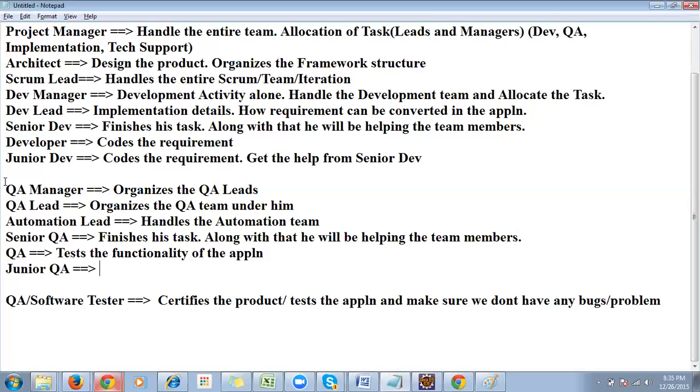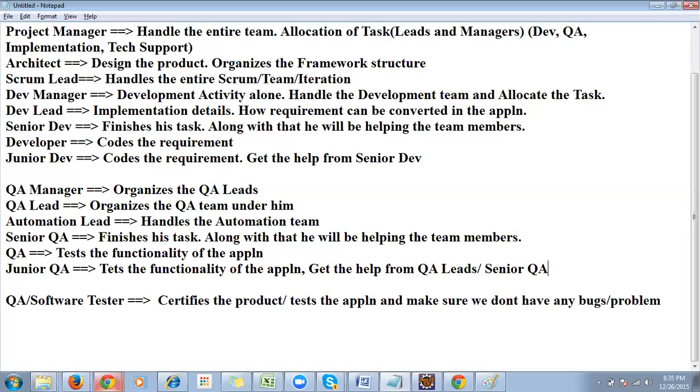Junior QA also tests the functionality of the application, and along with that gets help from the QA leads or senior QA. That's what these guys will do.